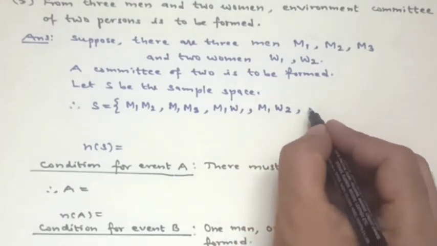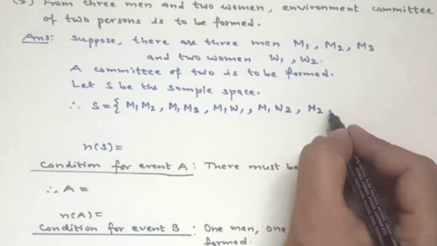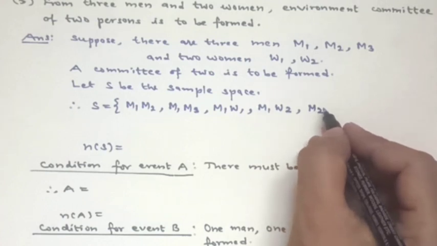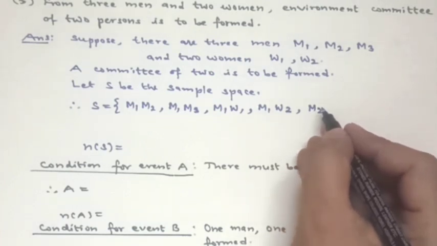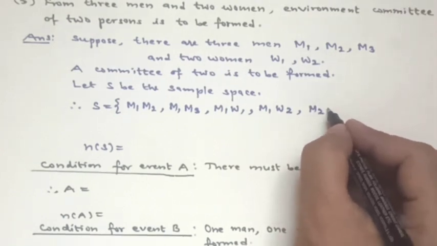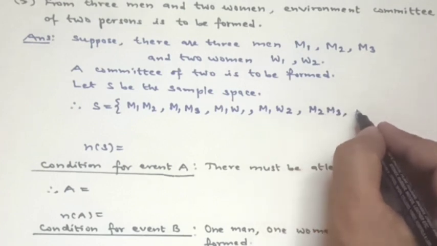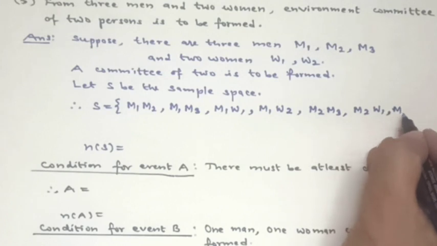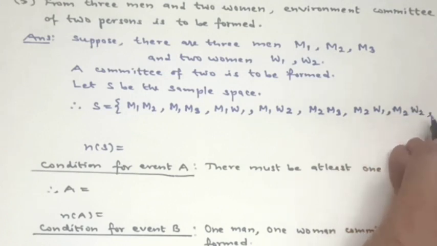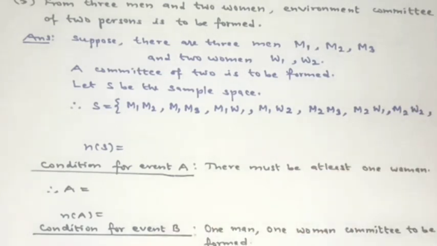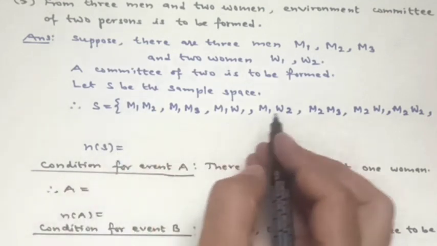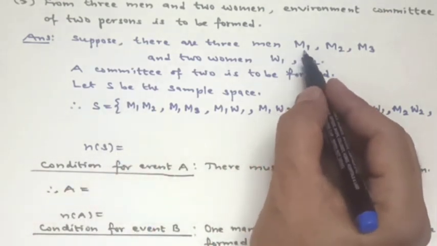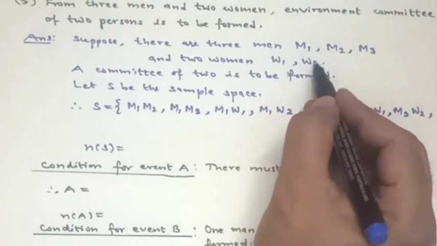Same way M2 cannot go to M1, because when I write M2 M1, that combination is already there, M1 M2 or M2 M1. So M2 can go to M3 and then M2 with W1, M2 with W2. So when you take M1, go to all remaining 4.